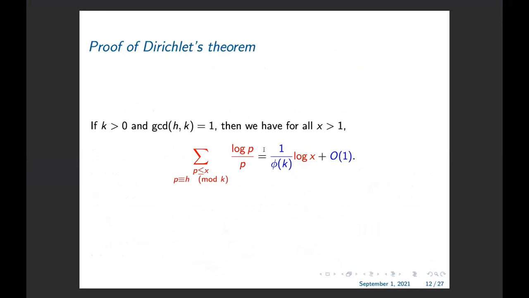Here you can see that on the right hand side there is no term containing h. In particular, this is our main term, and there is no term appearing in h. So that means this is independent of h. We can choose any h, 1 up to k minus 1, which is co-prime to k.